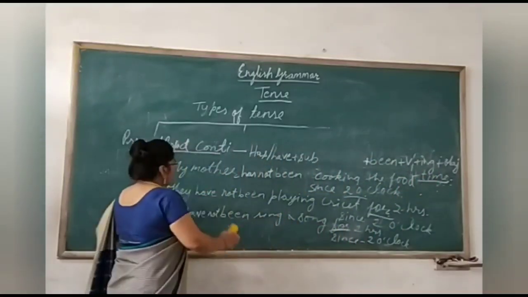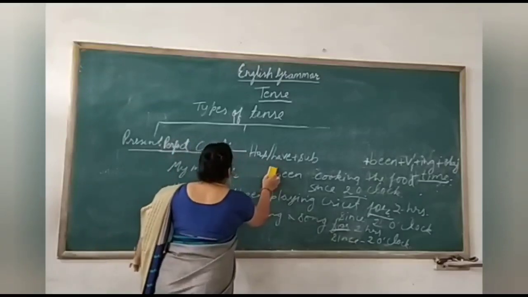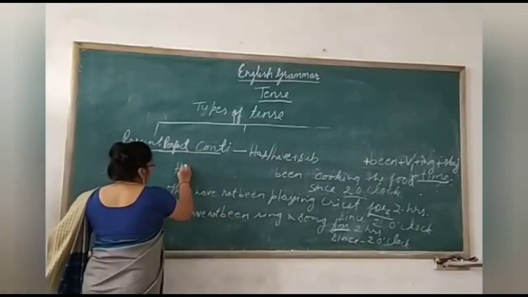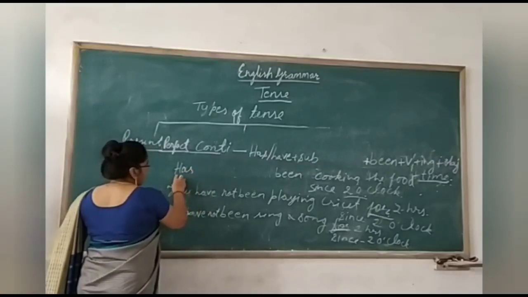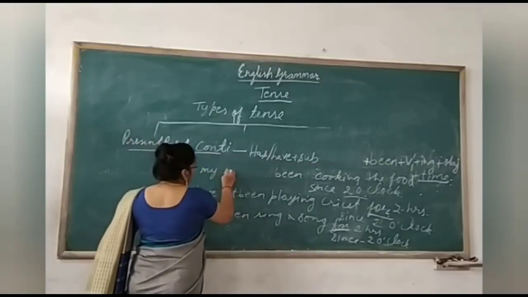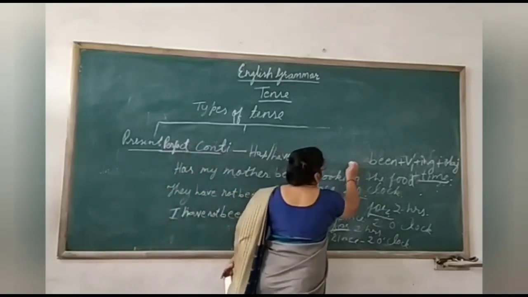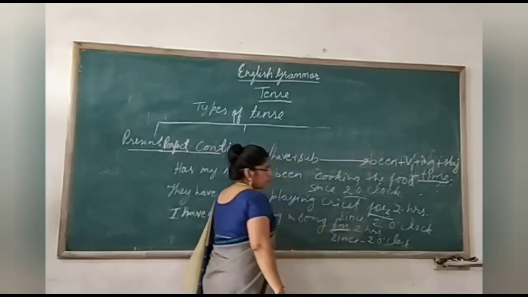In this case you will write the helping verb in the beginning. Has my mother, then the rest of the formula is the same.